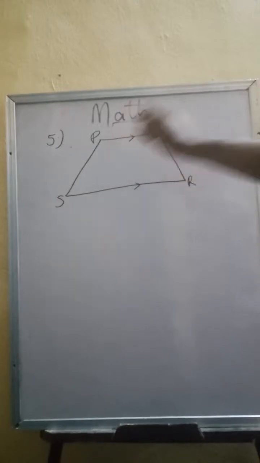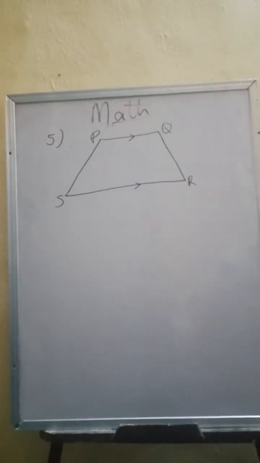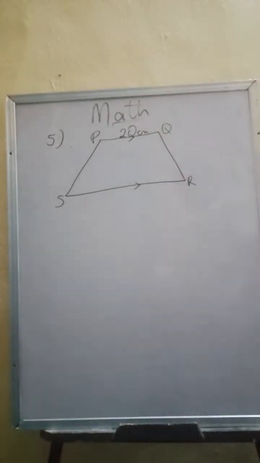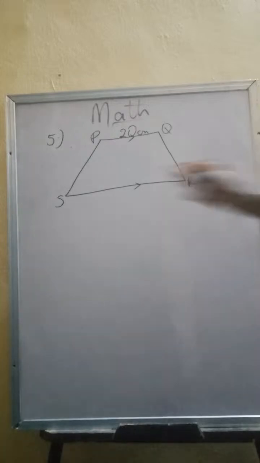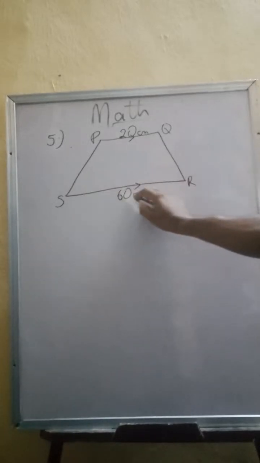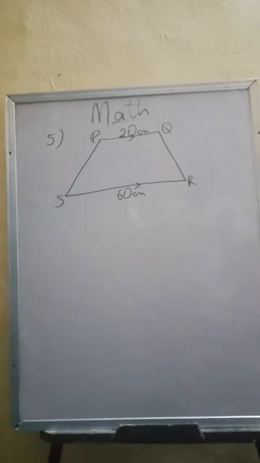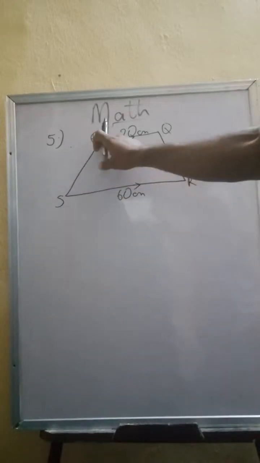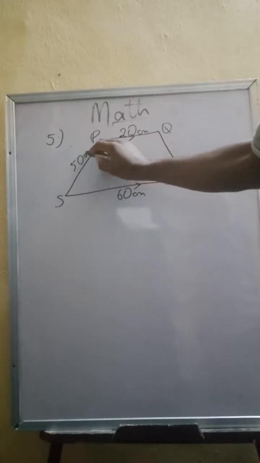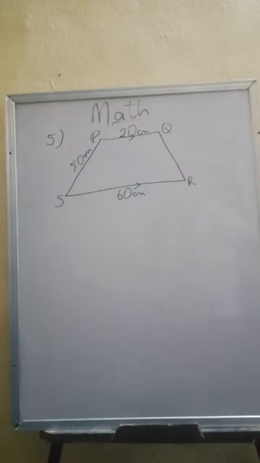And hence, PQ is 20 cm. SR is 60 cm. And the next information given is SP. SP is 50 cm.